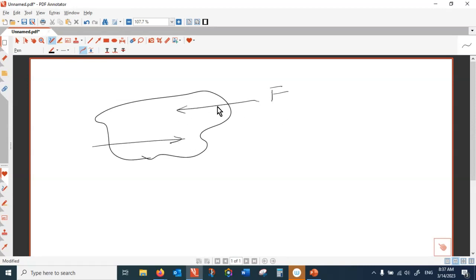A couple is two forces of equal magnitude, opposite direction, right? So that couple is two forces equal and opposite in direction, but with a little bit of distance between them. And that distance is responsible for what? Making it rotate.